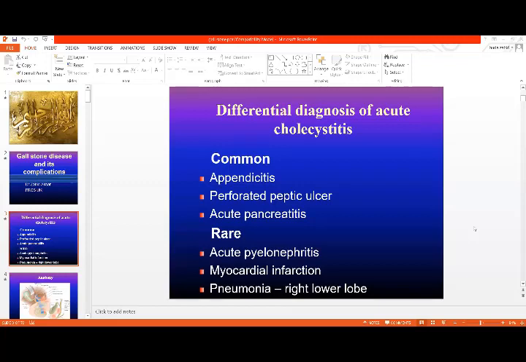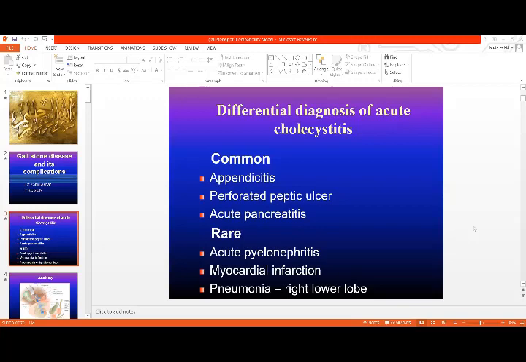During examination, if you press under the ribs in the right hypochondrium during inspiration, the patient will catch their breath. This is called a positive Murphy's sign. That means the gallbladder is inflamed. It's acute cholecystitis, so it will be tender on palpation and deep inspiration.